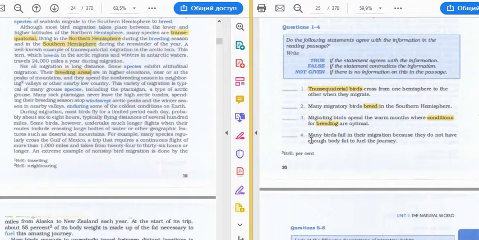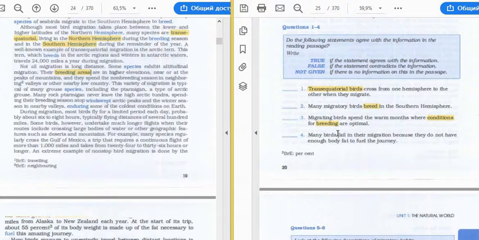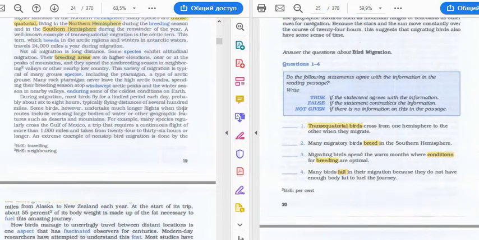So we go to the fourth question. It says many birds fail in their migration because they do not have enough body fat to fuel the journey. It's about the failing of the birds, and we have to highlight this one, and find out why they fail, and whether it's given or not given, or, in case it's given, whether it's true or false.